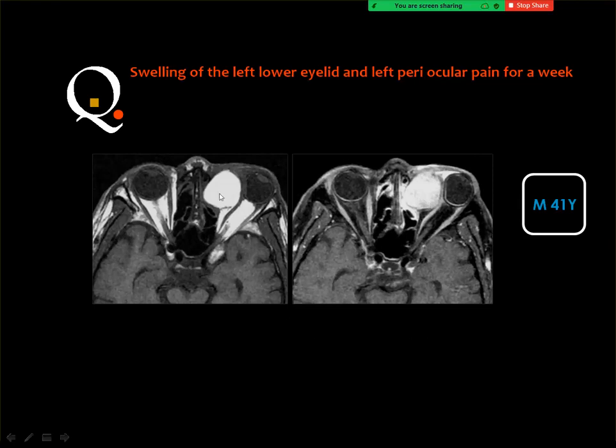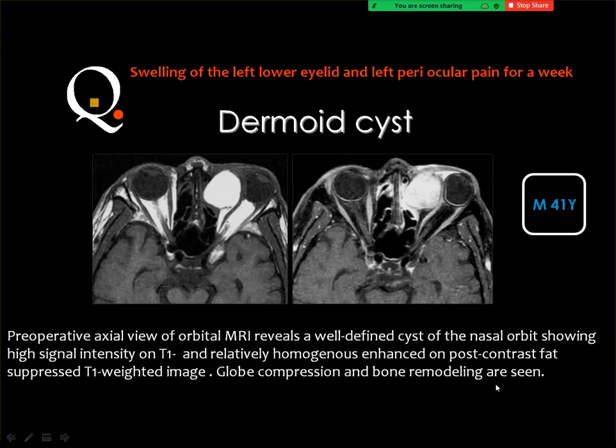And cystic lesions in the head and the neck containing fat are usually diagnosed as dermoid cysts, and this is a dermoid cyst in the region of the medial orbital wall encroaching on the ethmoids.